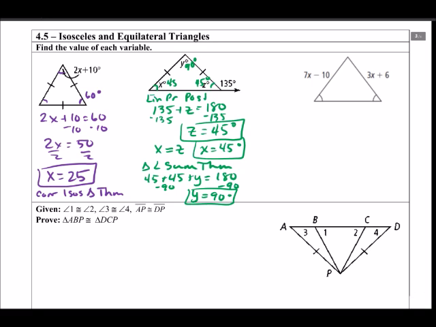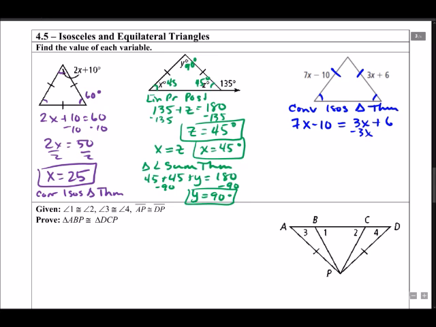All right, and the last one. Oh, I've got congruent angles here. What does that let me do? Makes me want to mark my sides congruent. That's the converse of the isosceles triangle theorem. Lets me do that. And so if they're congruent, I know the lengths are equal.